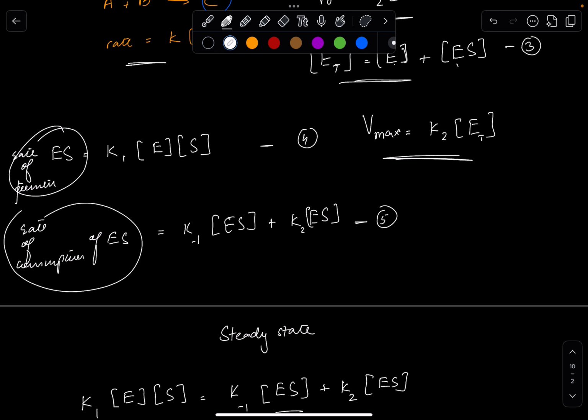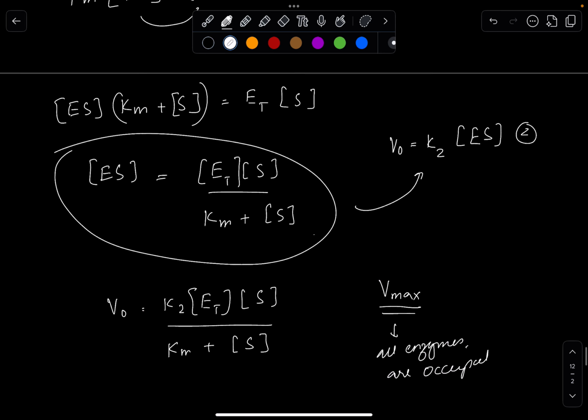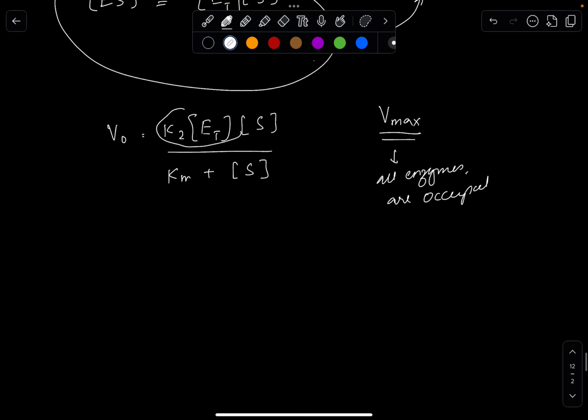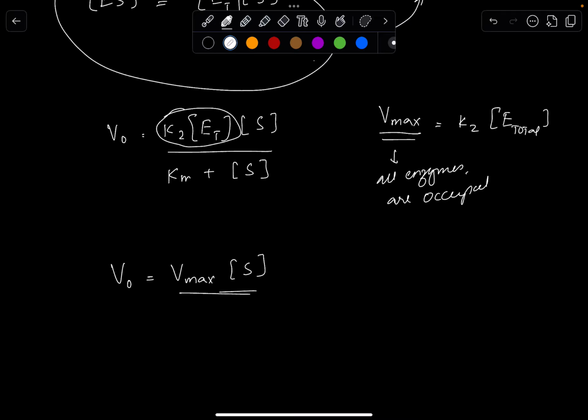I will bring this and plug this in over here because Vmax equals K2 E total. And so now I see this equation. Vmax S over Km plus S.